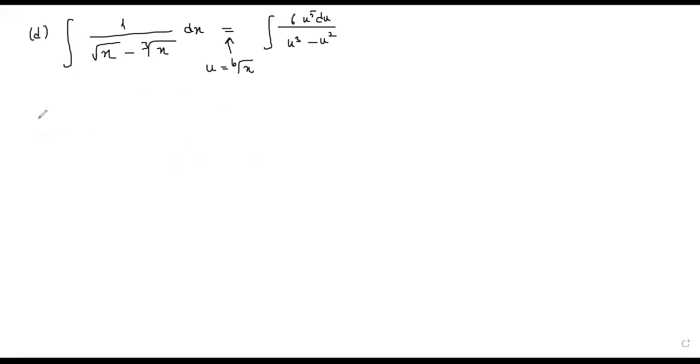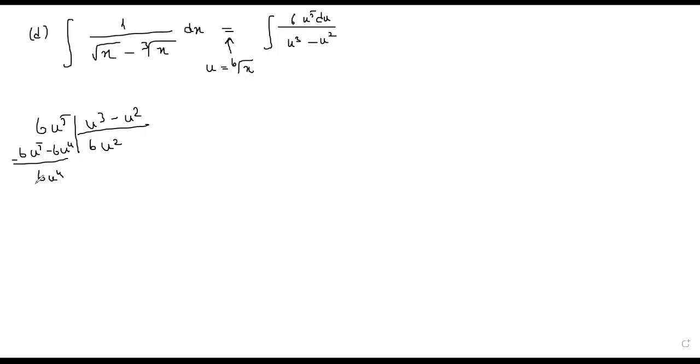So we have 6u to the 5 over u cubed minus u squared. Multiply the divisor by 6u squared, so you will have 6u to the 5 minus 6u to the 4. Subtract that. What do we get then? Plus 6u to the 4, right?